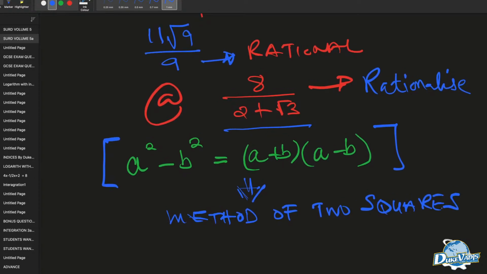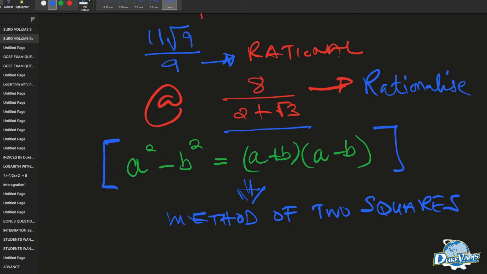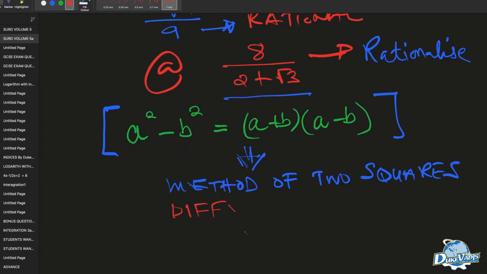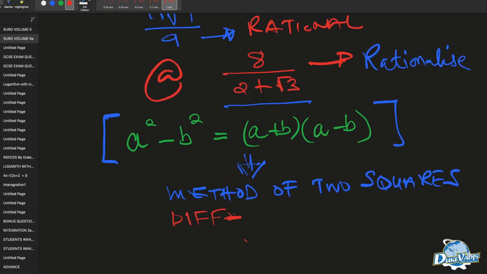Some people prefer calling it method. Some people prefer calling it another name. Some people say difference. Let me clean this.